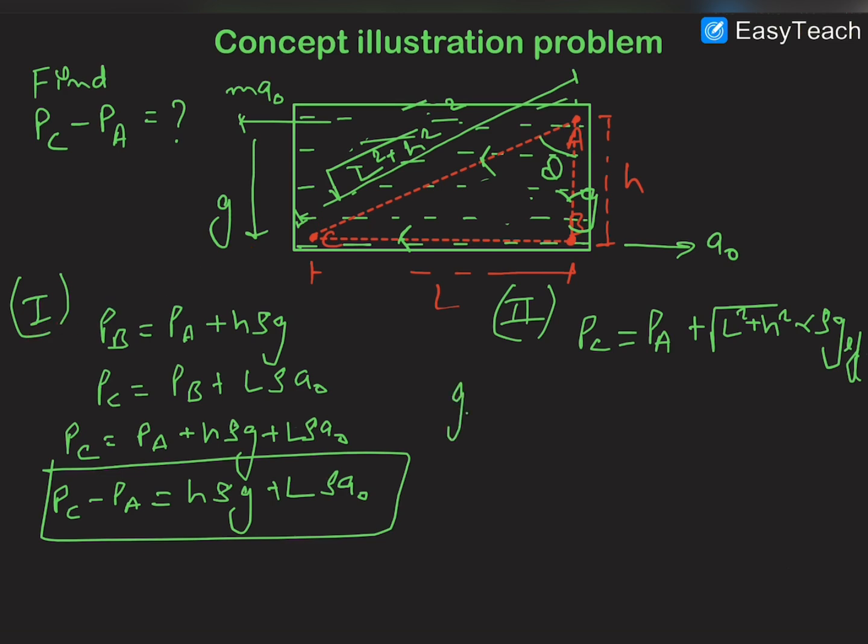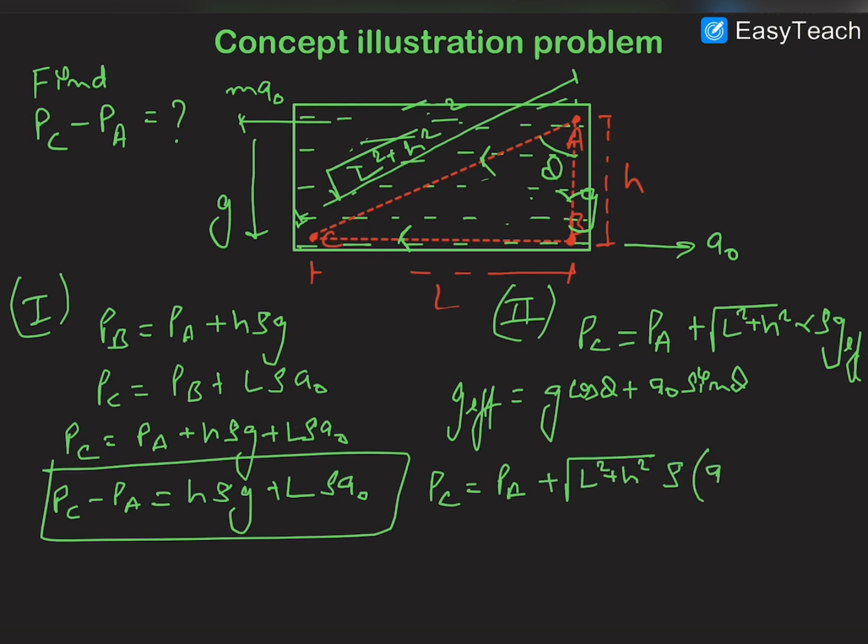So g effective is the effective acceleration along AC, so it would be g cos theta plus a naught sin theta. So PC will be equal to PA plus under root of L square plus H square into rho into g cos theta plus a naught sin theta.